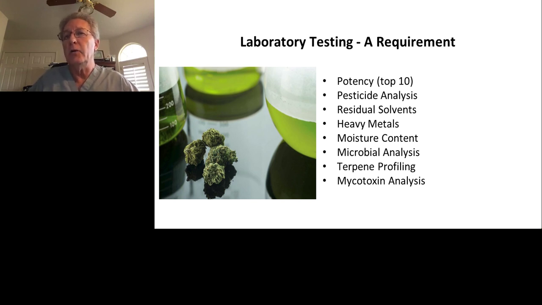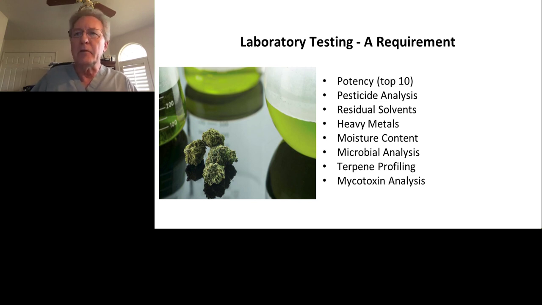Generally, they look at potency, pesticide analysis, residual solvents, heavy metals, moisture content, microbial, terpene, and mycotoxin analysis. They're all done to make sure that you know what actives are in that product and that what you're taking is safe, correctly labeled, and contamination-free.